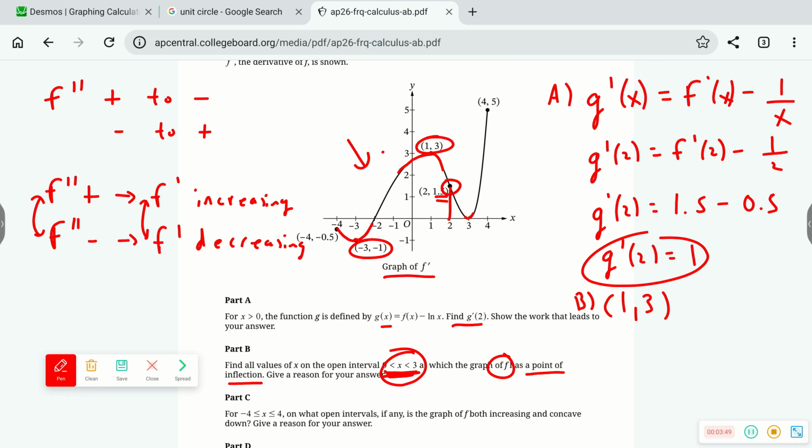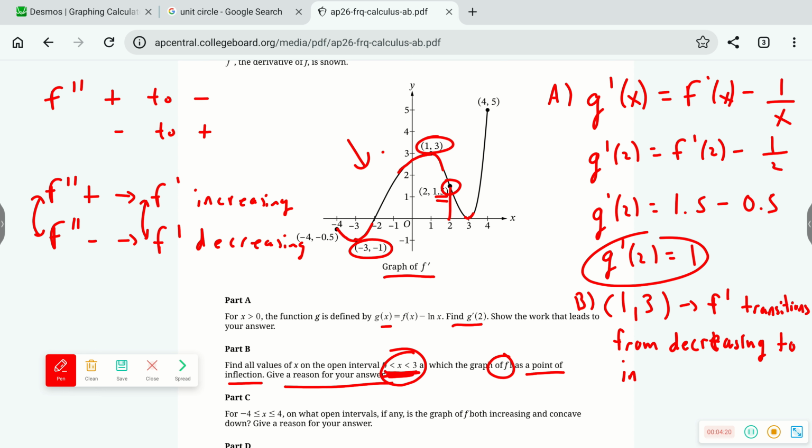So I need to give a reason, always give a reason when it says. So at this point, we say f prime transitions. You don't have to say transitions, but that's a good word here to use. From decreasing, you might want to write that out, decreasing. I don't have an eraser on this thing.